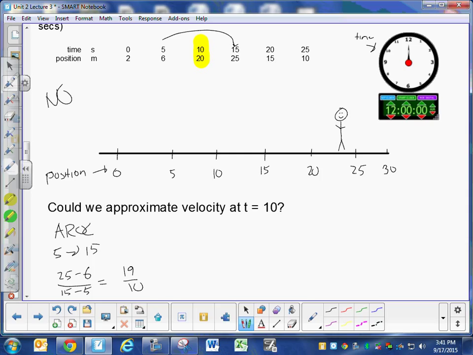Okay, so maybe I need to not do from 5 to 15, because that's not going to be great. Let's do from 5 to 10. That might be better. I don't know. It's just another approximation.